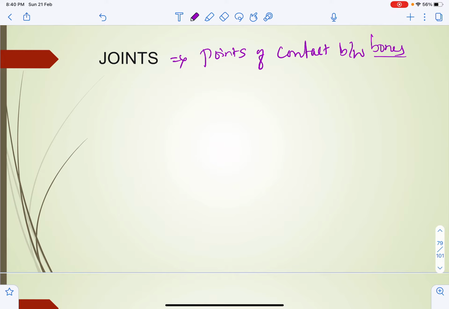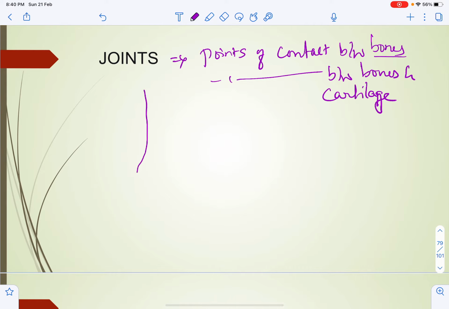Or we can also say the points of contact between bones, or between bones and cartilage. So whenever we see this, generally the articulatory surface of the bone will be there.